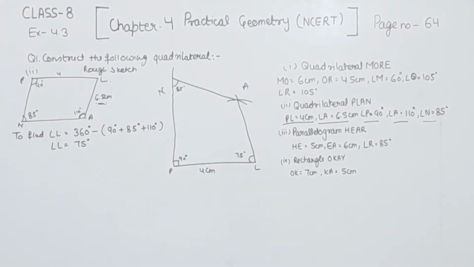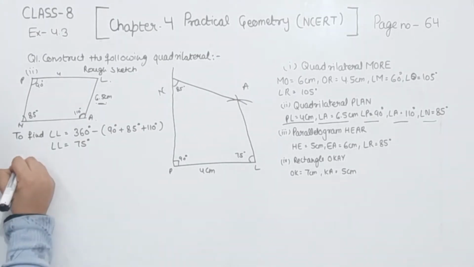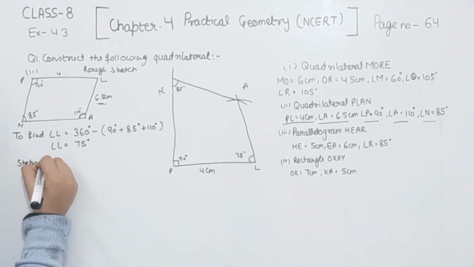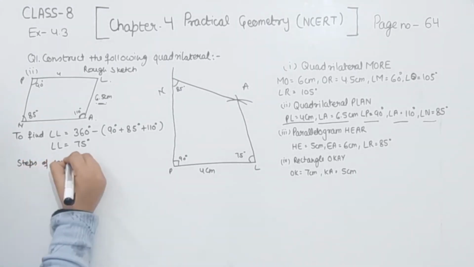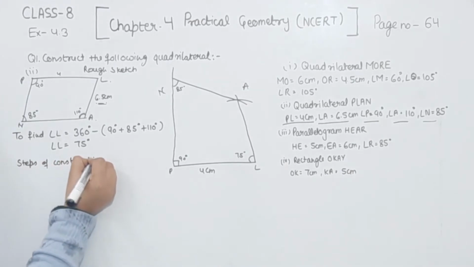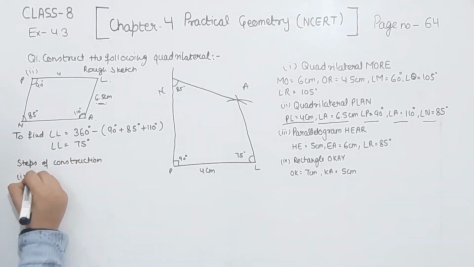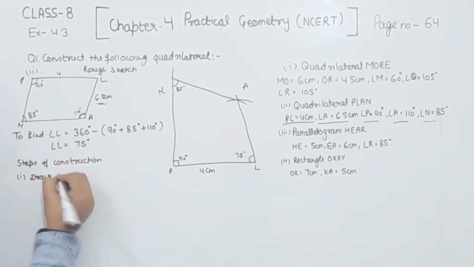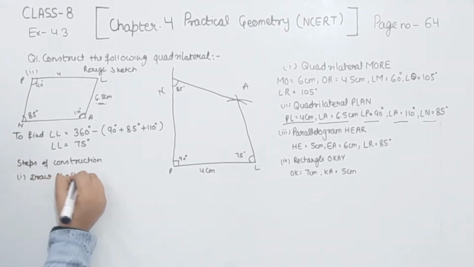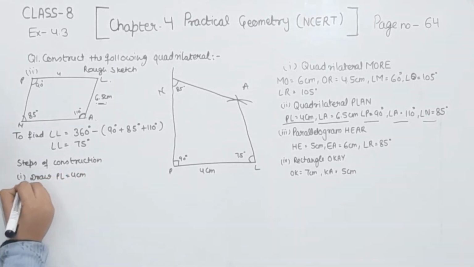Now we are going to write the steps of construction. So I am going to write here, first of all, steps of construction. So in the first step we are going to draw PL equal to 4 centimeters.